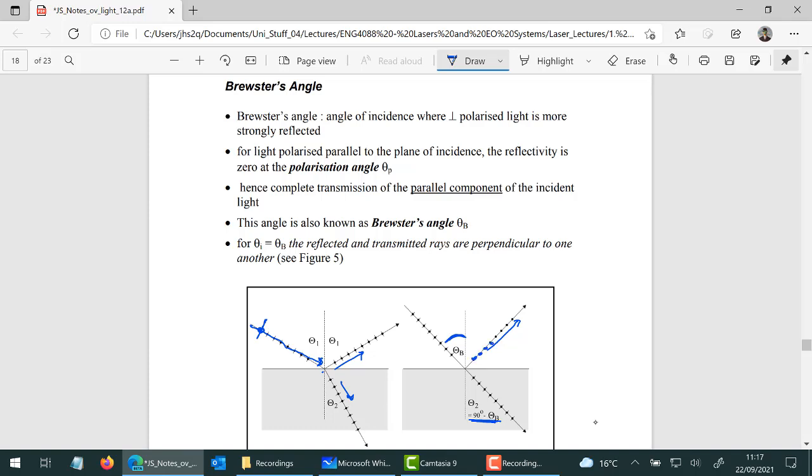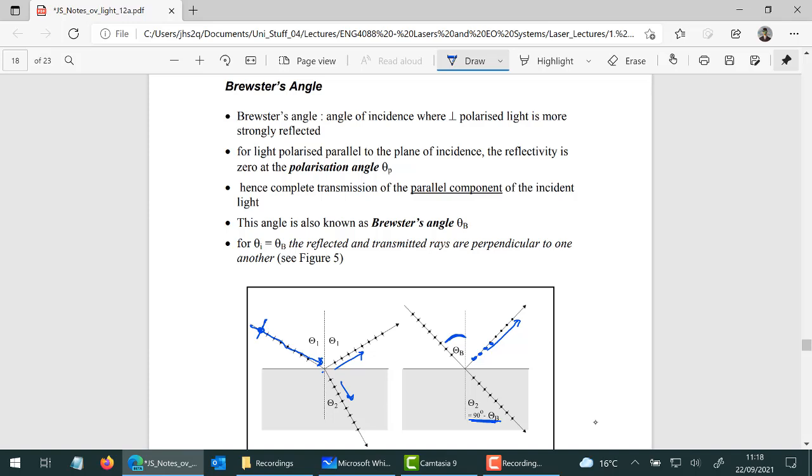And you can see that that's the one which is perpendicular to the plane. So in the transmitted beam we will have both polarizations, in plane and perpendicular, but in the reflected beam we only have perpendicular polarization.